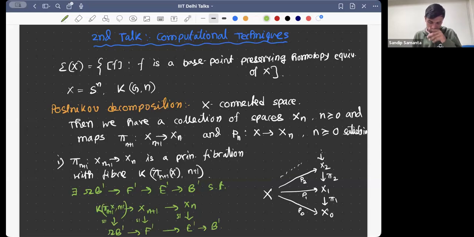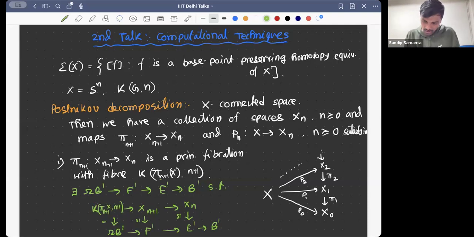Whenever such a situation occurs, we say that this is a principal fibration. In particular, I want this diagram to be commutative with these maps being homotopy equivalences.